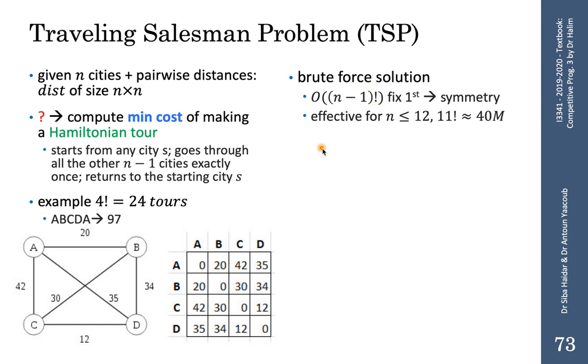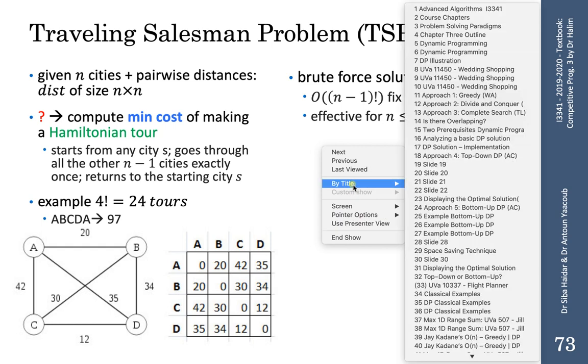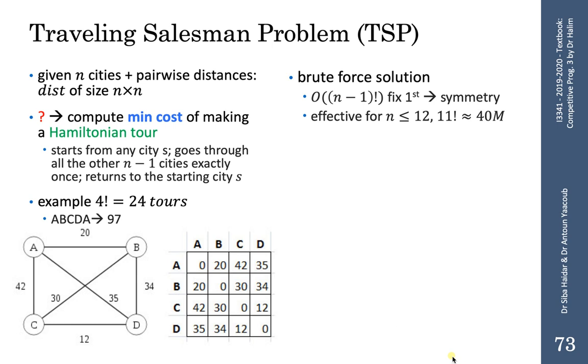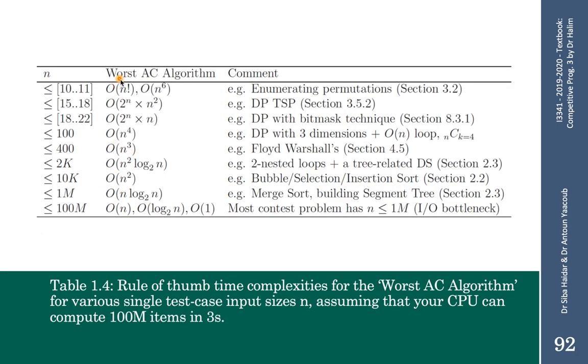Recall the table of solutions. Let's go to see it. It's the last one in this presentation. The rule of thumb: when it is a factorial, it can go only to n less than or equal to 11.